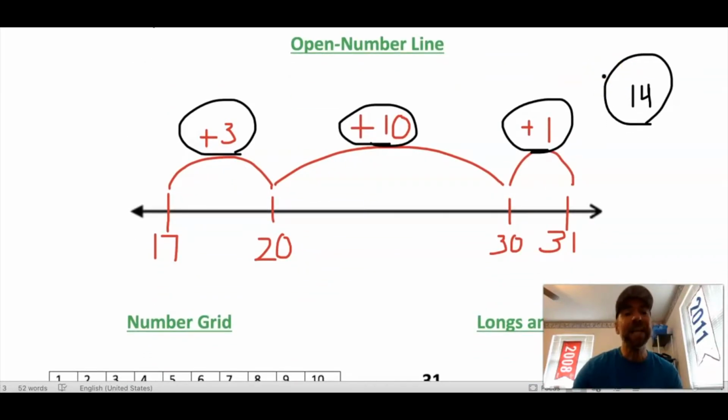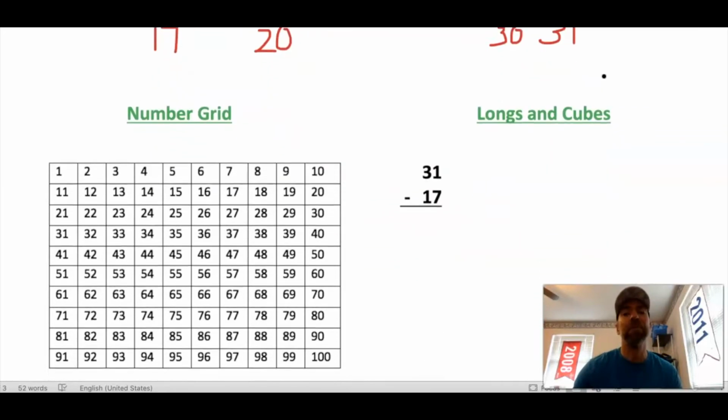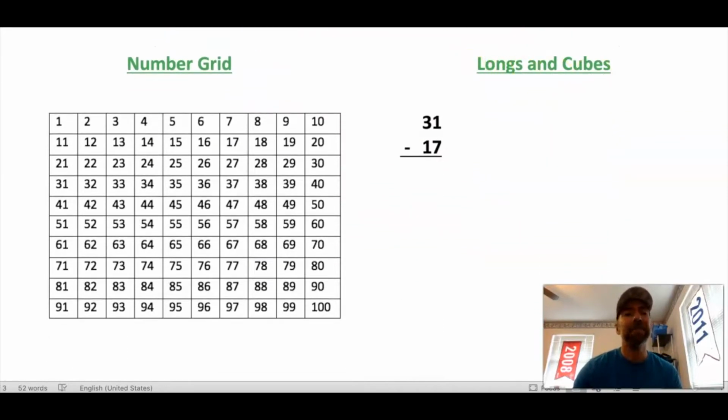Now I'm going to take that same problem, 31 minus 17. But this time I'm going to solve it on a number grid. So the first thing I want to do is I want to find my numbers. Here's 17 and here's 31. On a number grid, all I have to do is count my jumps.